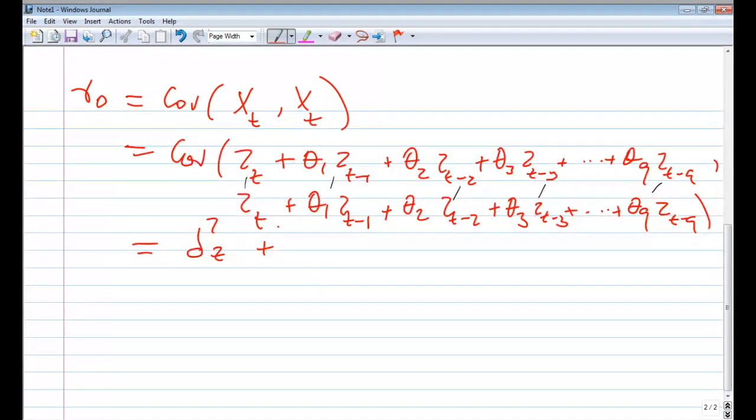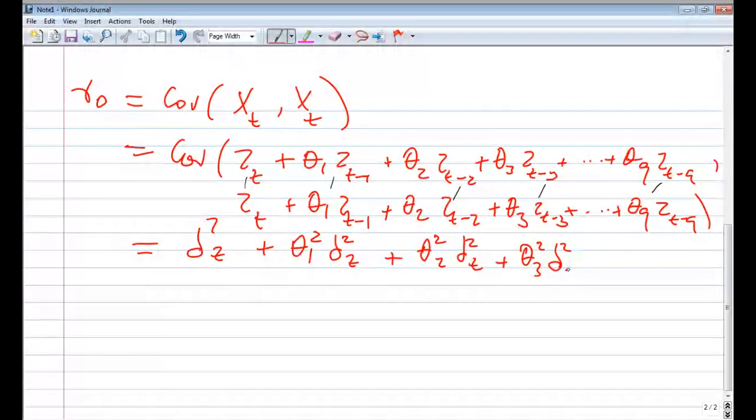The curve of zt minus 1, zt minus 1, is sigma squared z. So here you are going to have theta 1 squared, sigma squared z. Same applies to this one, theta 2 squared, sigma squared z. And this one, theta 3 squared, sigma squared z. And the last one, theta q squared, sigma squared z. Are we together? That's step number 2.